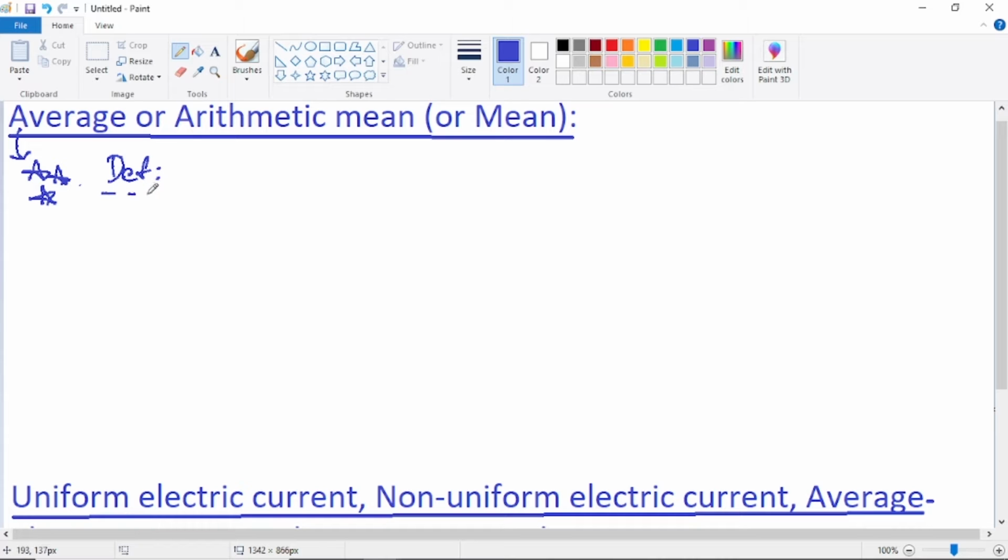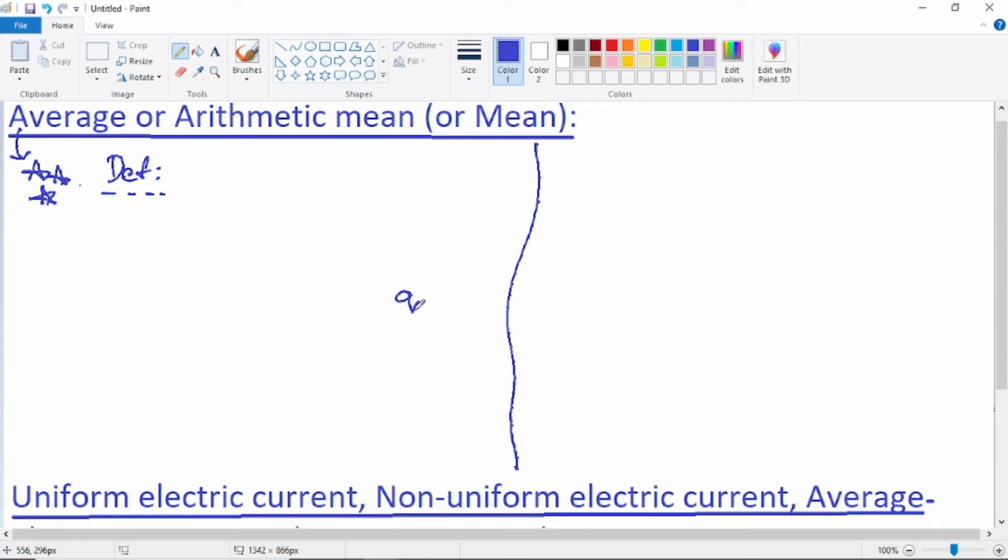Now consider a particular quantity, say a quantity Q. I'm just dividing the page into left half and right half. This quantity Q can be a charge, or a length, area, or mass, or even something like the physics marks of students in a particular class.